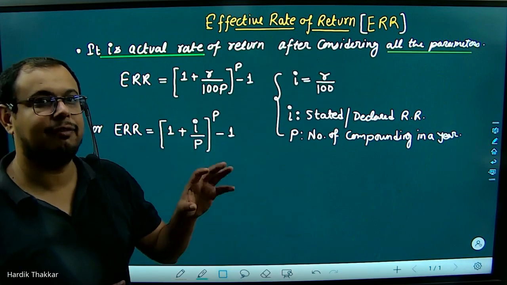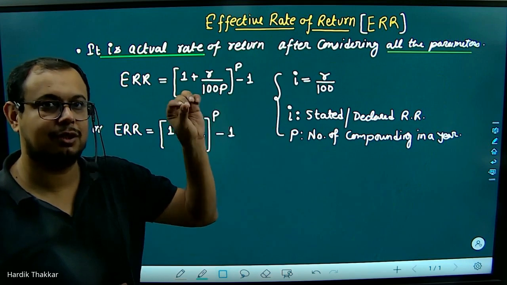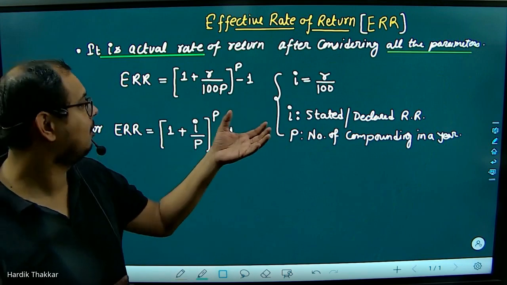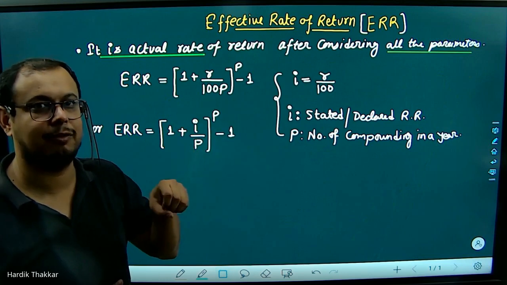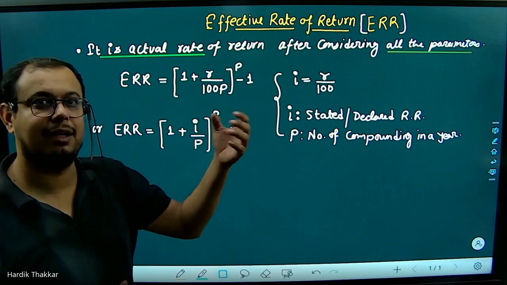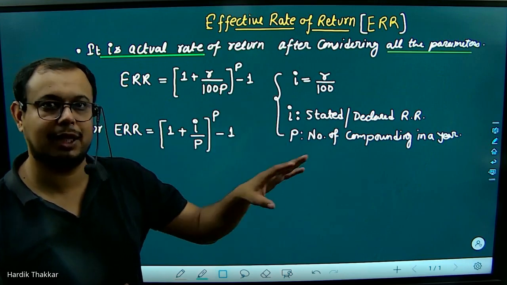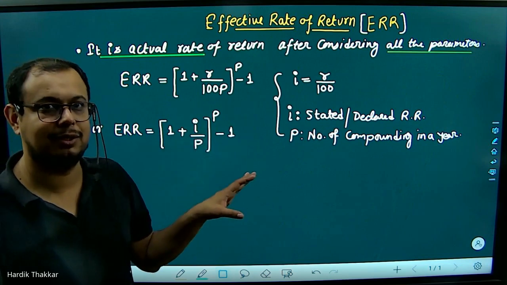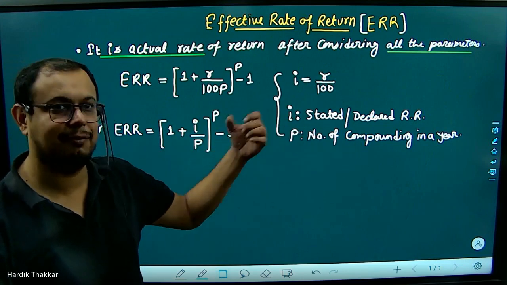And if I sell that land after 1 year for rupees 12 lakhs, suppose, the claimed rate of interest was 20%, because I made 2 lakhs of profit as per the claim. But actually I had to spend 1 more lakh rupee for some other parameter. So the effective rate of return will be only 10%. This is the difference between claimed rate of return and effective rate of return.